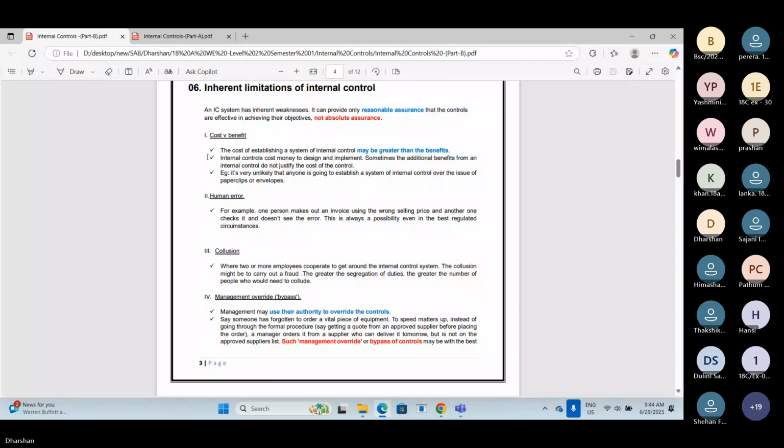Clear? And the second one: what is the second reason why we can't give absolute assurance? Let's say the second scenario. Same example you can take.